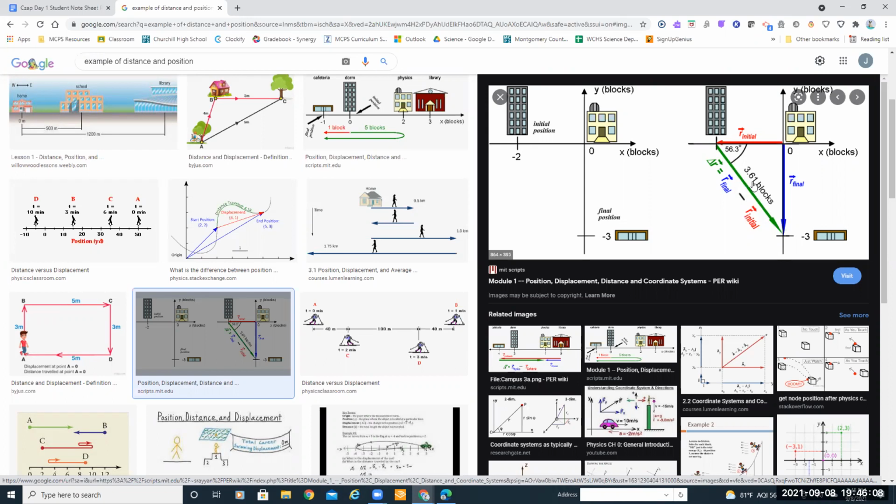But my total distance traveled would be 5 blocks. I go 2 blocks and then I go 3 blocks down, so a total of 5 blocks. If you're having any trouble with that, please let me know so that we can go over your questions. But hopefully these examples have helped make a little more sense out of the difference between distance and displacement.